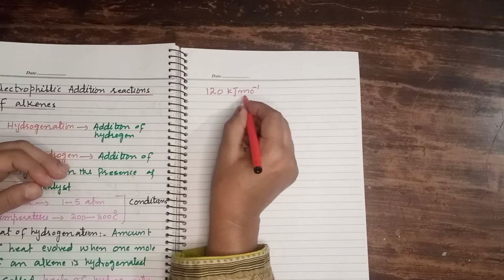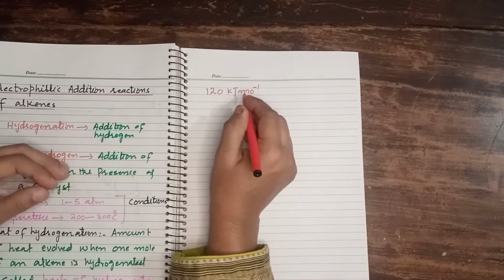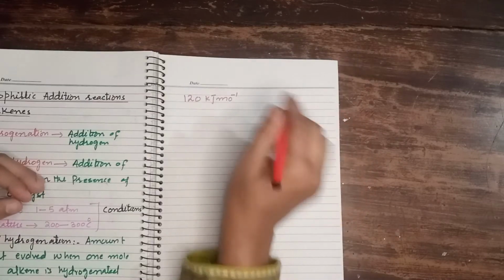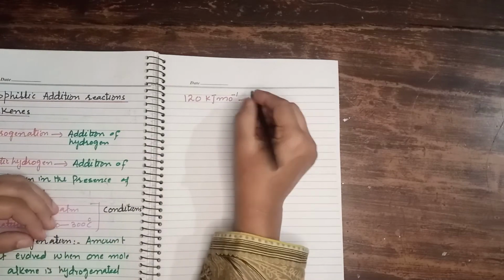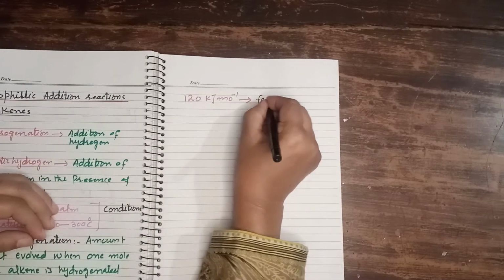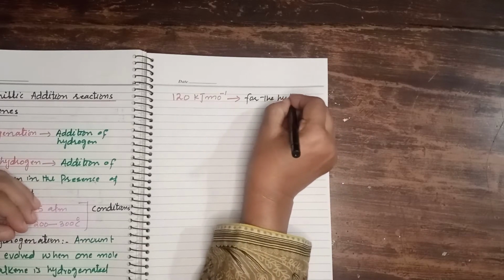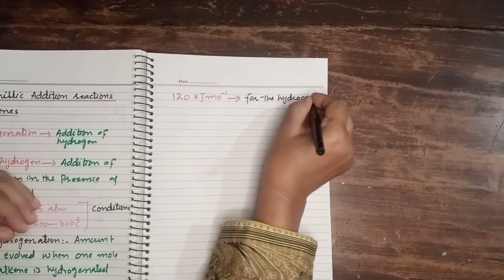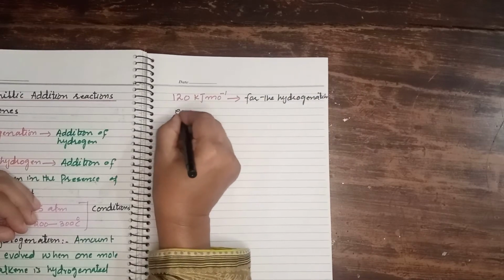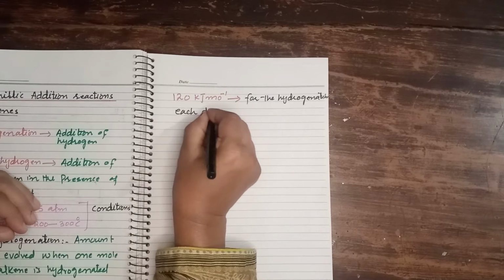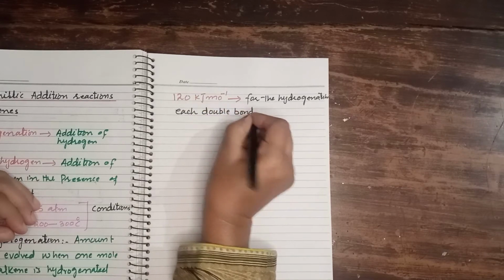This is the amount of heat which is released for the hydrogenation of each double bond which is present in the molecule.